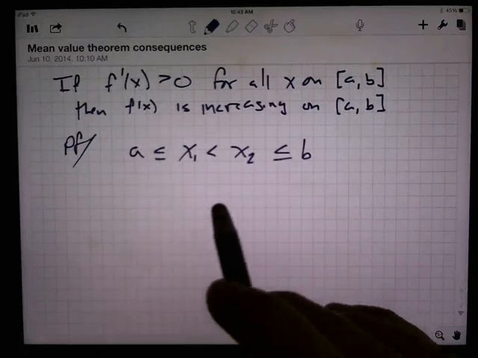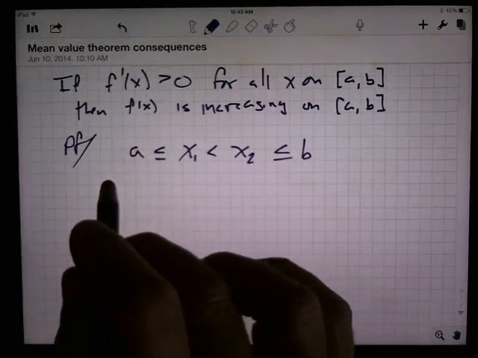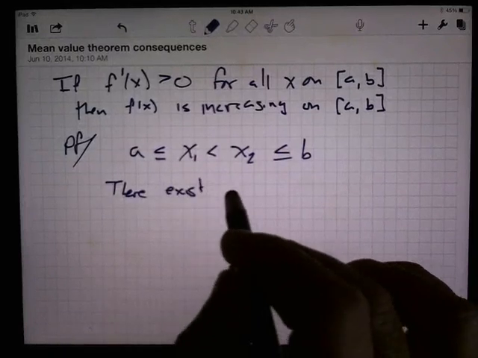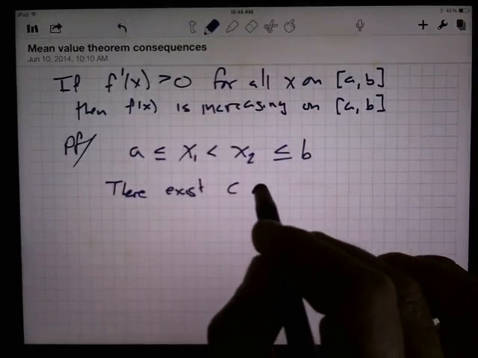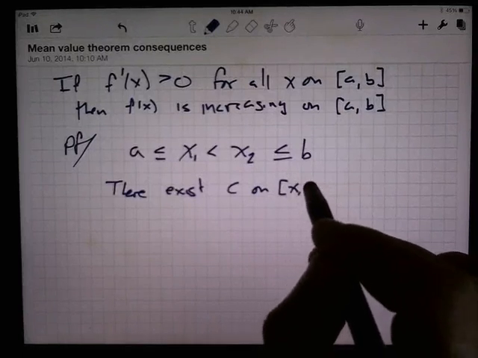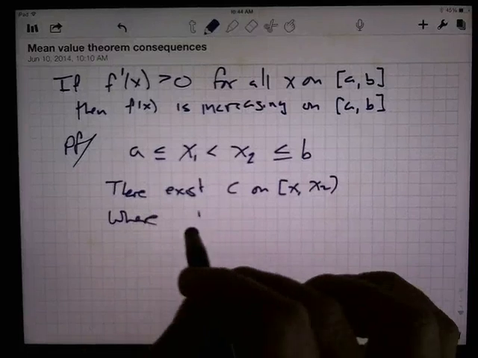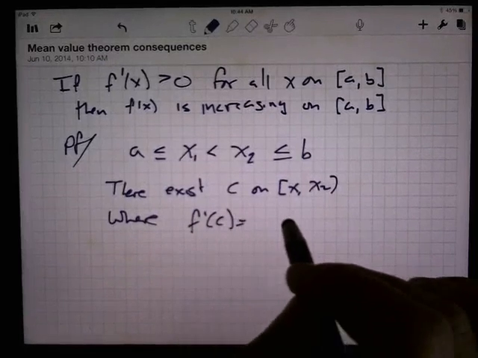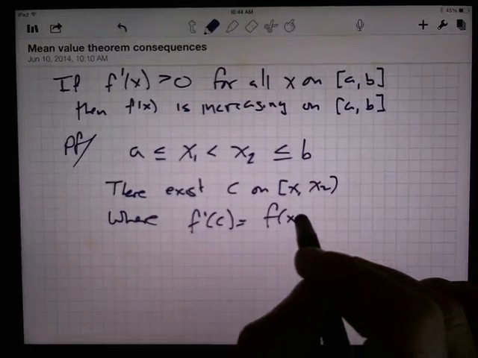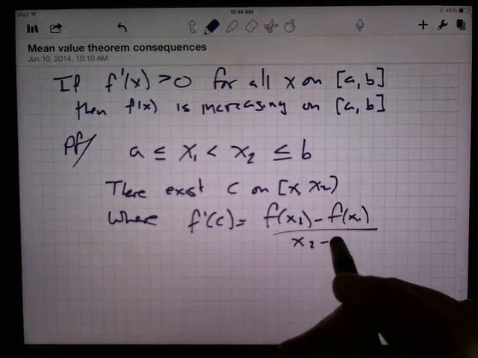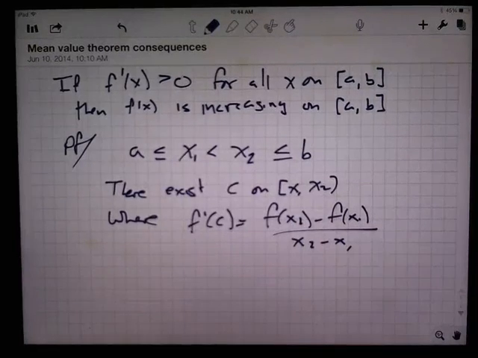So the mean value theorem applies here. And so there exists a c on the interval from x1 to x2 where f prime of c equals f of x2 minus f of x1 all over x2 minus x1.